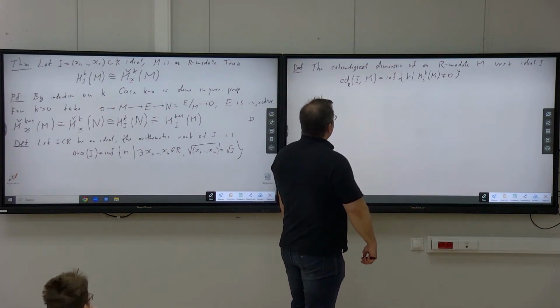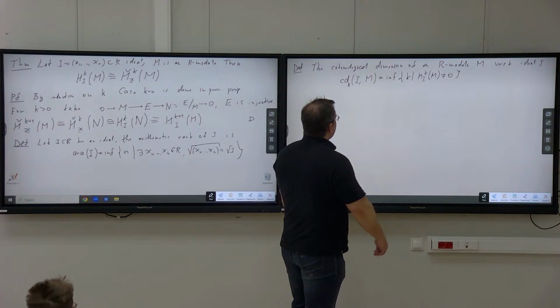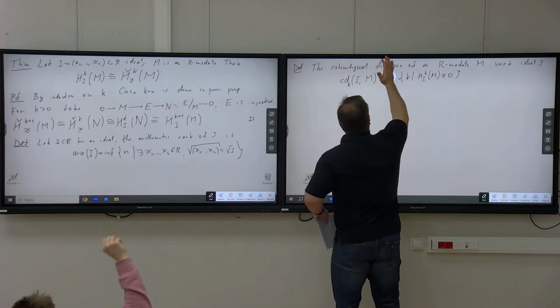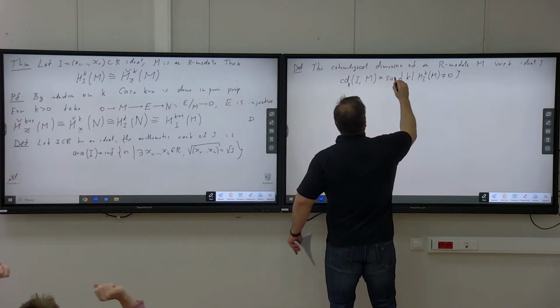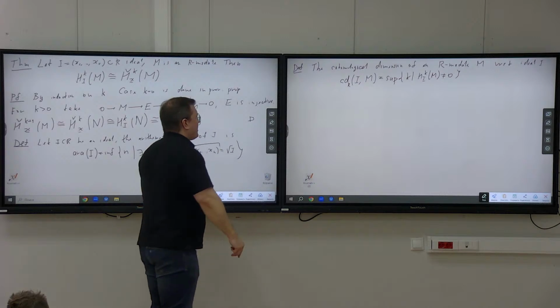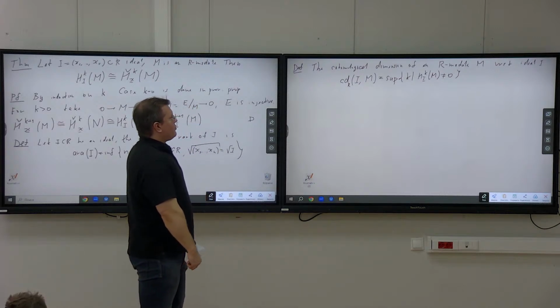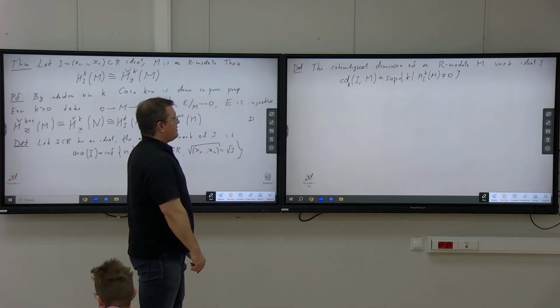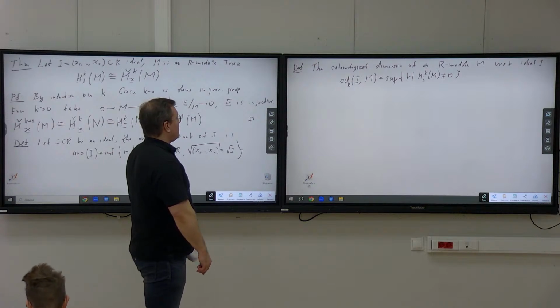Wait a second. This is not infimum, this is supremum. So the maximal index such that local homology is non-zero. After this index, all local homology is 0.